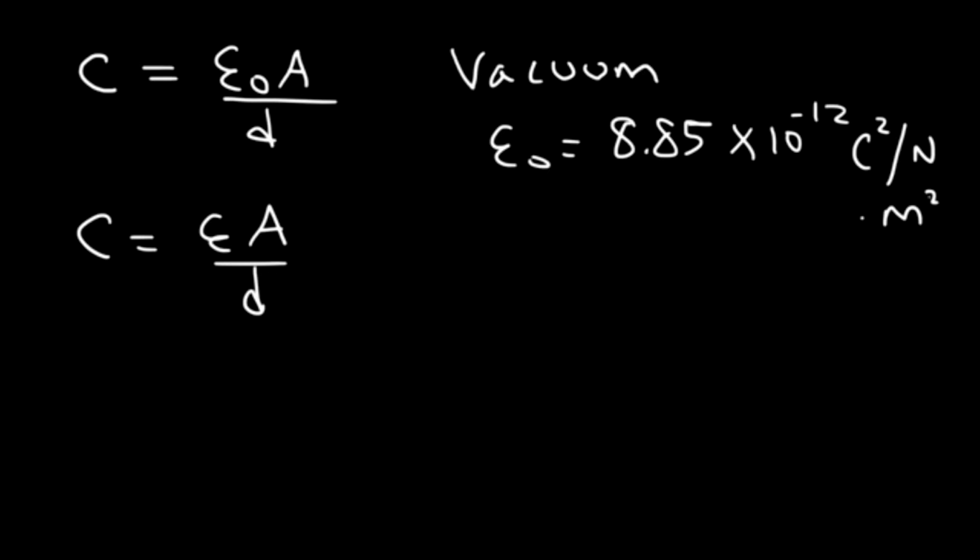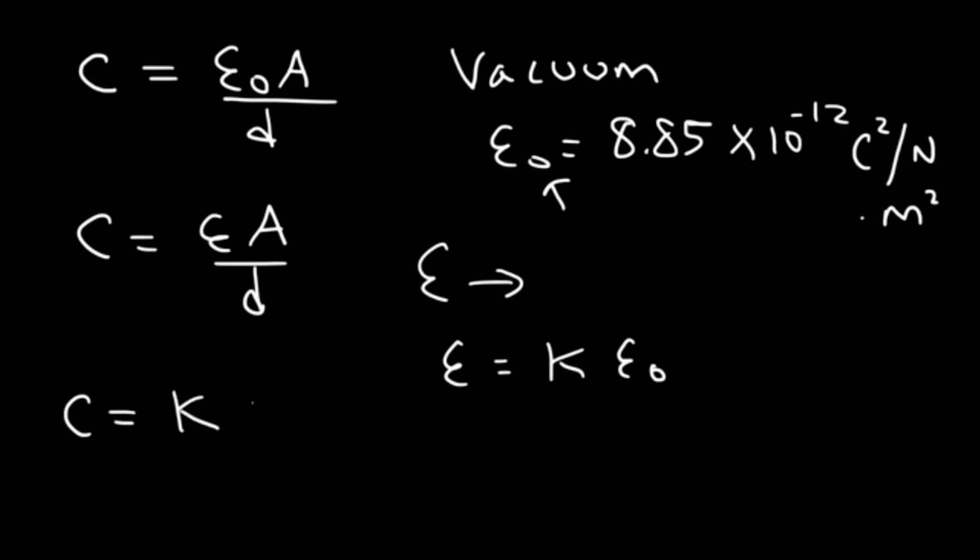Now, the other epsilon, without the zero, is simply the permittivity of the material between the two parallel plates. Epsilon is equal to K times epsilon sub naught. So therefore we have this equation: C is equal to K times epsilon sub naught times A over d, if you replace epsilon with K epsilon sub naught.